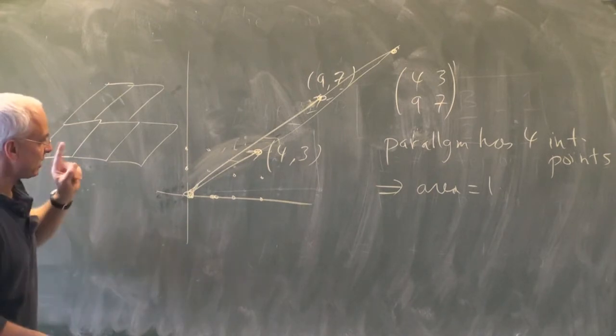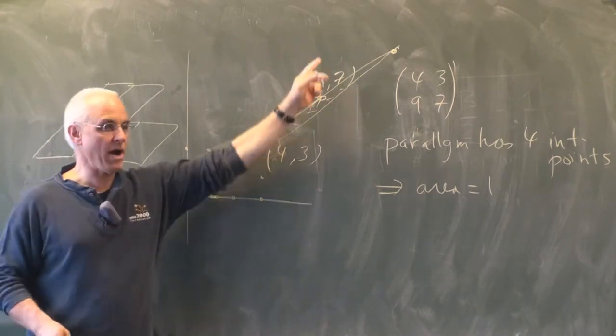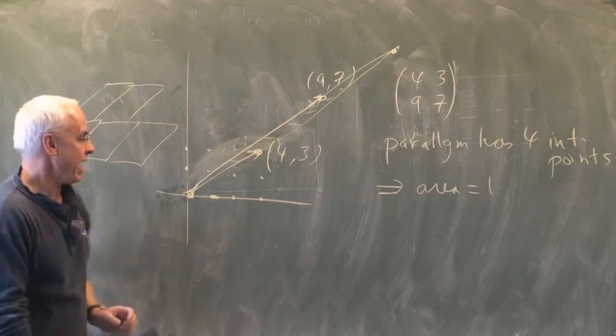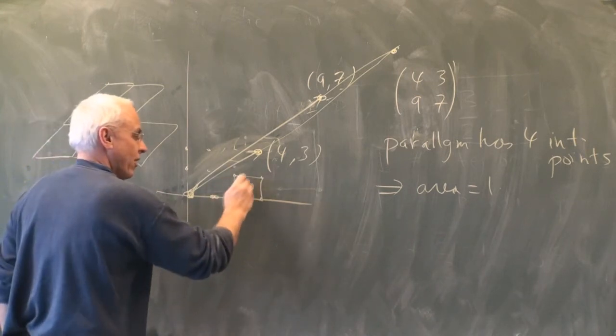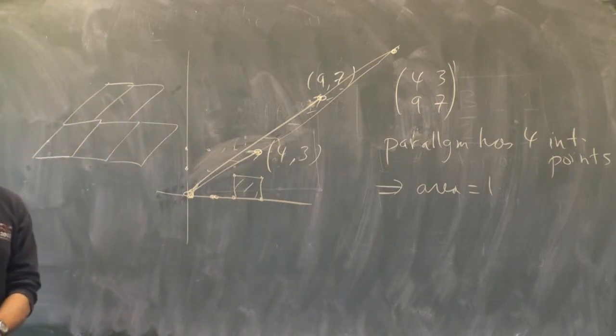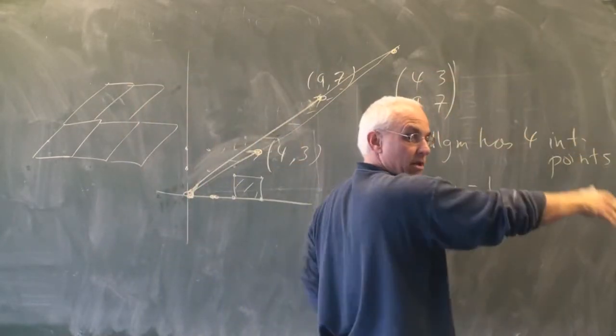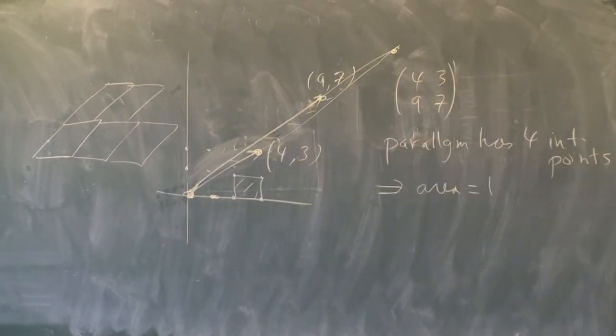Now, each of these parallelograms occupies 4 points. And each one of these squares also occupies 4 points. So if you consider this huge region of 1,000 by 1,000, or maybe 1,000,000 by 1,000,000, I claim that the number of parallelograms and the number of squares is pretty well the same.